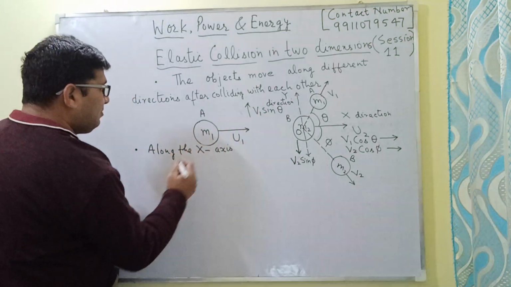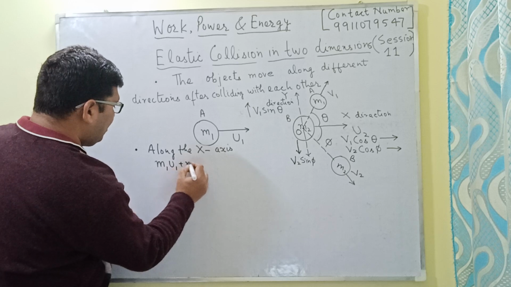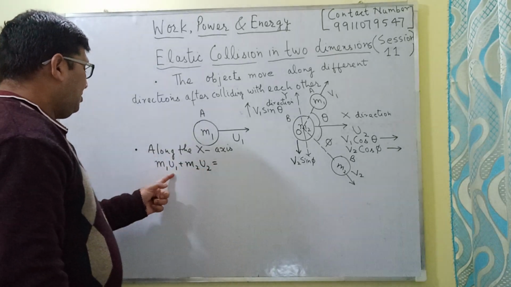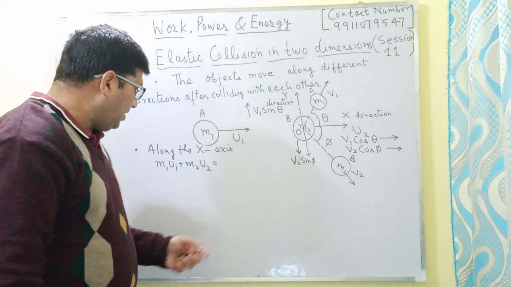The initial momentum is equal to m1 u1 plus m2 u2, where u1 and u2 are the velocities of body A and body B respectively.